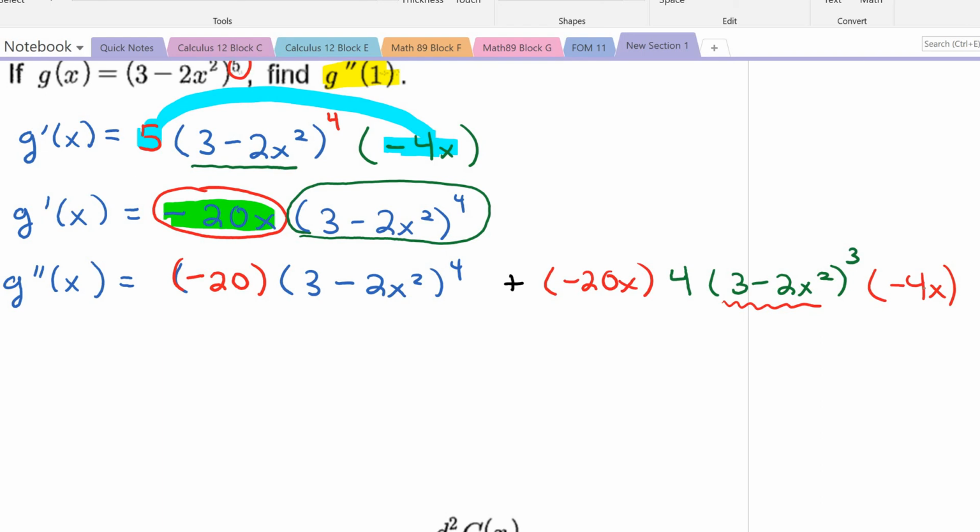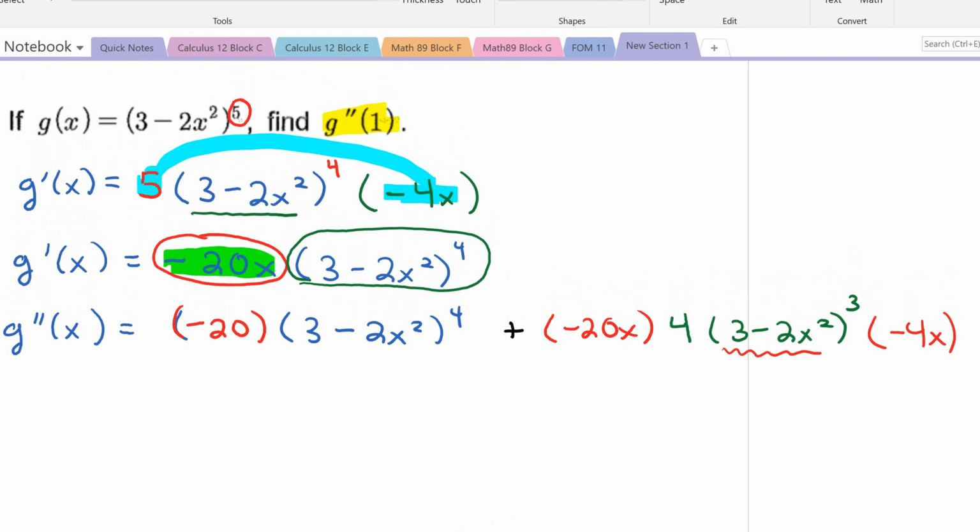Okay, so that is my second derivative there, and I will not simplify this question because the goal is you want to find the value of the second derivative at 1, so g double prime of 1.